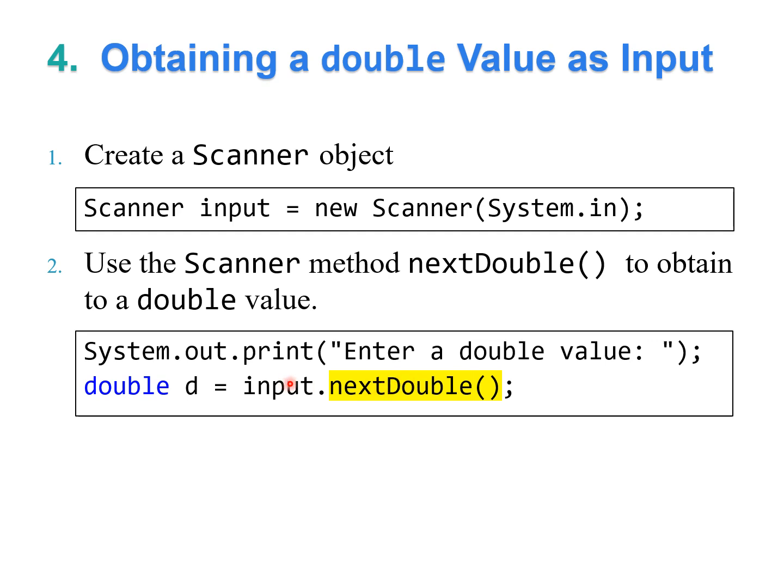Then the result of this call will be assigned to variable d by the assignment operator. Here, variable d must be declared as of type double because it receives a double value. For a user-friendly user interface, you may want to prompt the user to enter a double value before calling the nextDouble method.